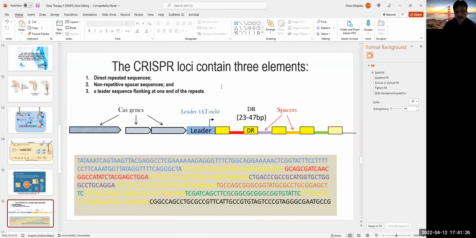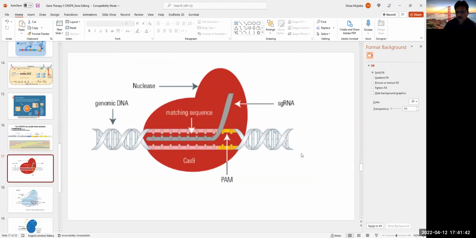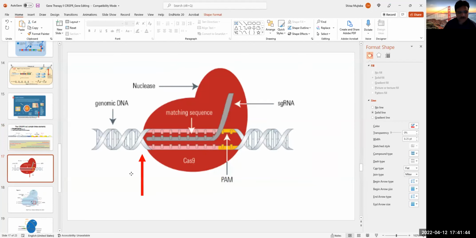So these are the elements. You don't need to know these details, but I thought that if somebody is interested or asks a question, this is a Cas9 locus. This is a repeat of the previous slide. This is the genomic DNA.